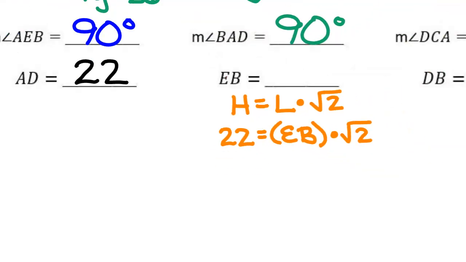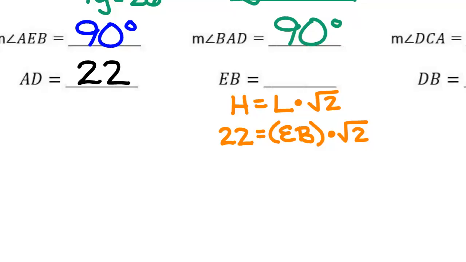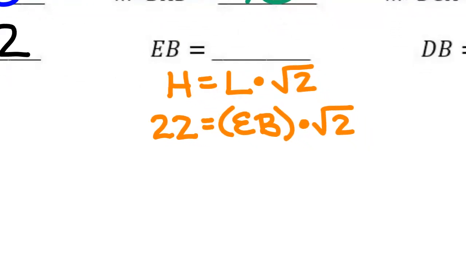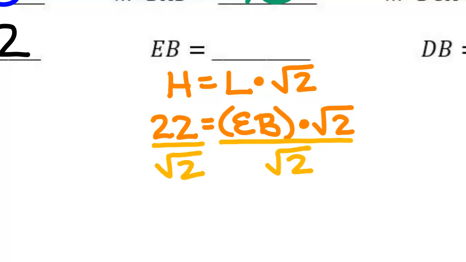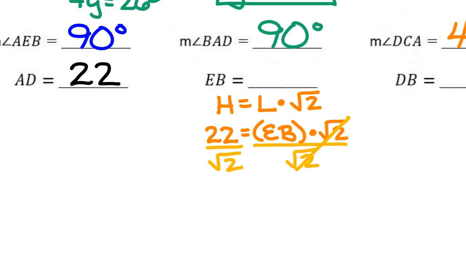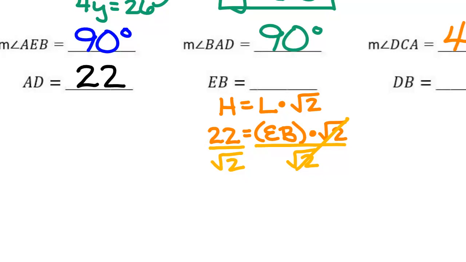What do I need to do to get EB all alone? Yep, we're going to divide both sides by radical 2. So that's going to cancel it out over on the right. Are we allowed to have a radical in the denominator?